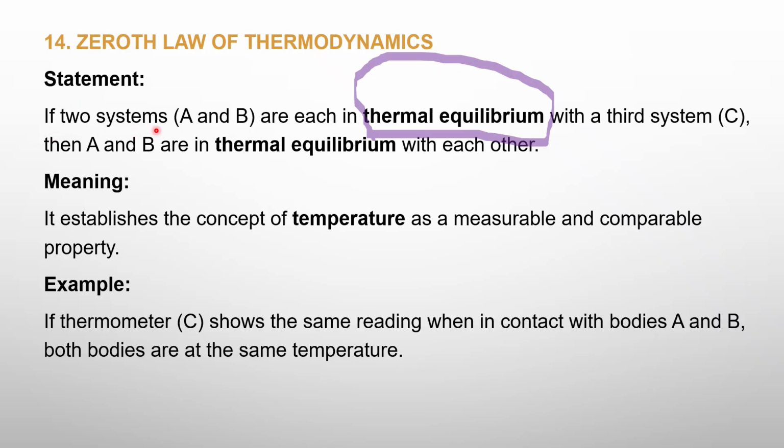If two systems A and B are each in thermal equilibrium with a third system C, then A and B are in thermal equilibrium with each other. This concept is used for the design of thermometers. It established the concept of temperature as a measurable and comparable property.